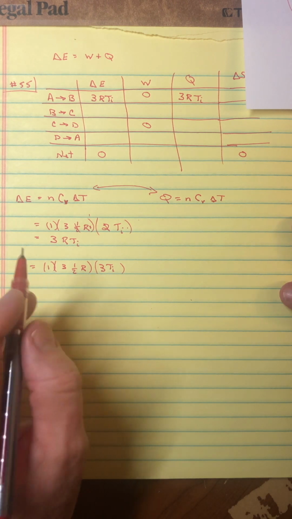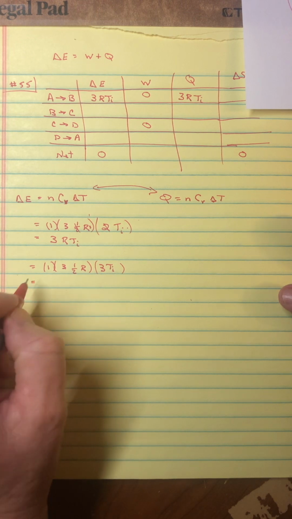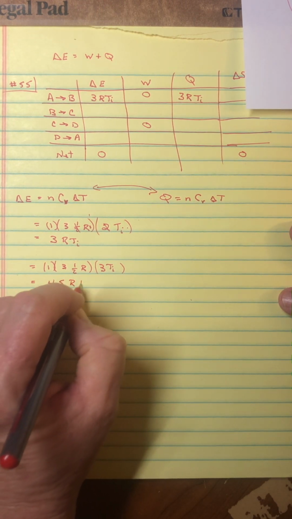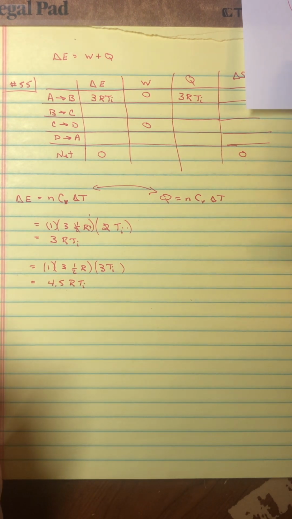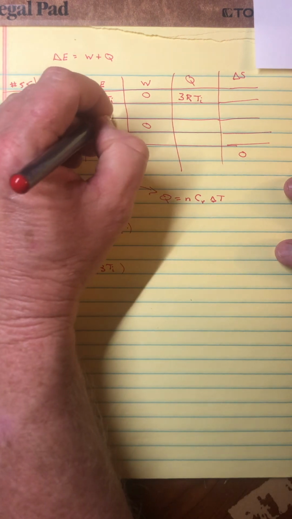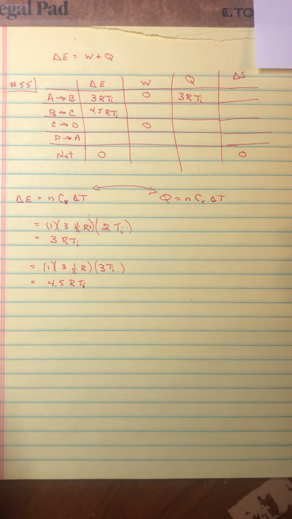Maybe it was a little different one. Well, I'm going to keep going here. Anyways, 3 times 3 is 9, and so this is 9/2. Let me call it 4.5 RT1. Okay. So here is 4.5 RT initial.